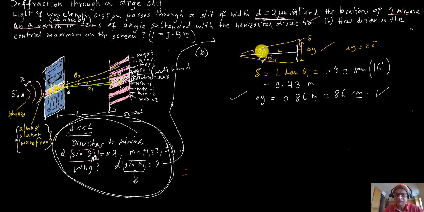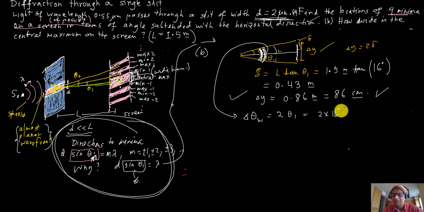We could have asked what is this angular width. So this angular width, which is often written like this, for W for width, this will be 2 times this theta 1, and so this is just 2 times 16 degrees, which is 32 degrees. So this is another way to ask the same question.